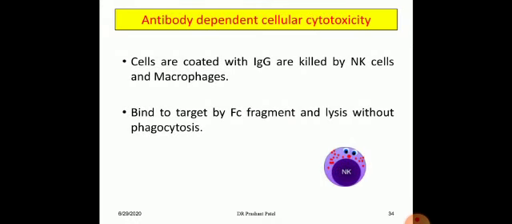Then antibody dependent cellular cytotoxicity. Here cells are coated with IgG and these cells are killed by NK cells and macrophages. So these bind to the target by the Fc fragment and lysis occurs without any phagocytosis.